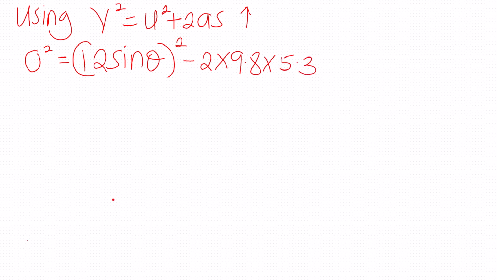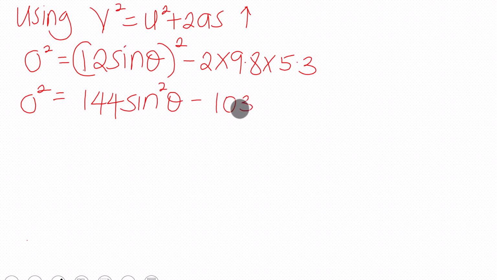So here we'll have 0 squared equal to 144. When you square 12, you get 144 sine squared theta minus 103.88.